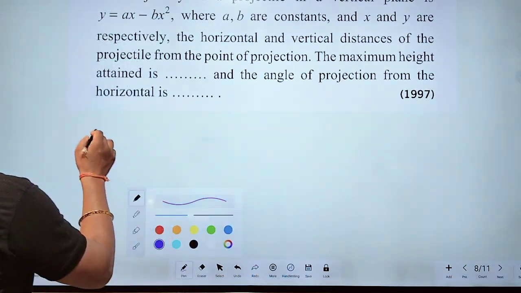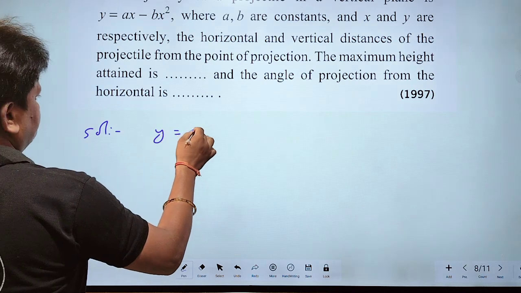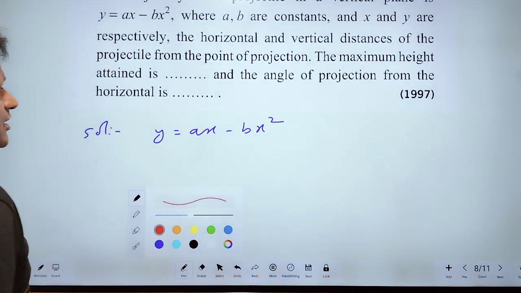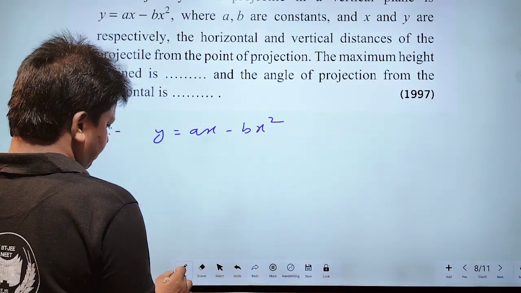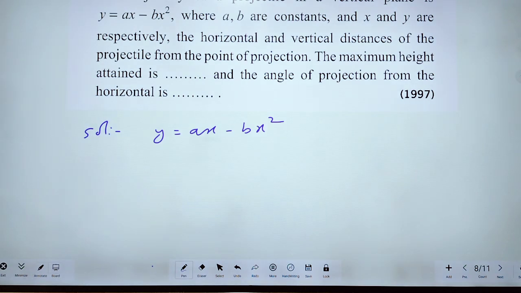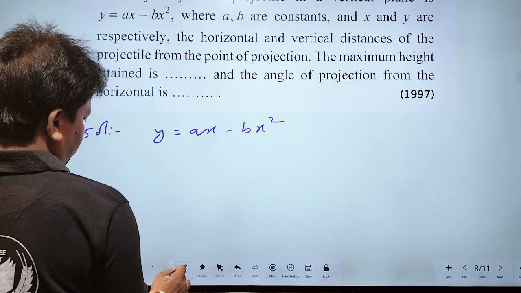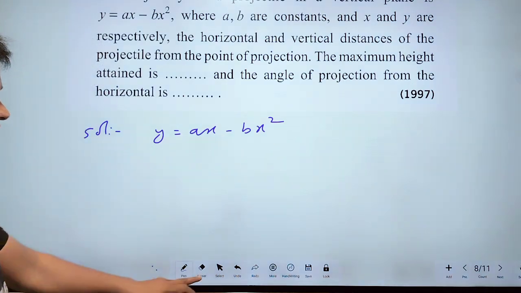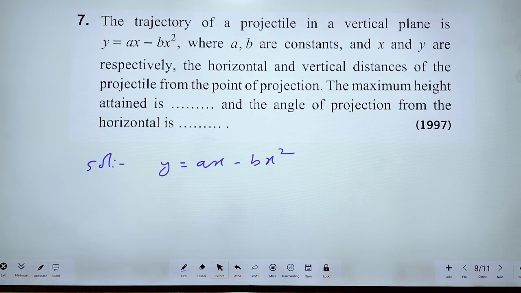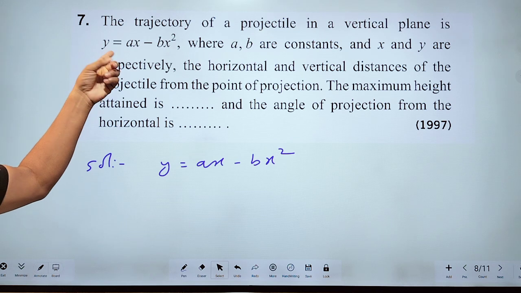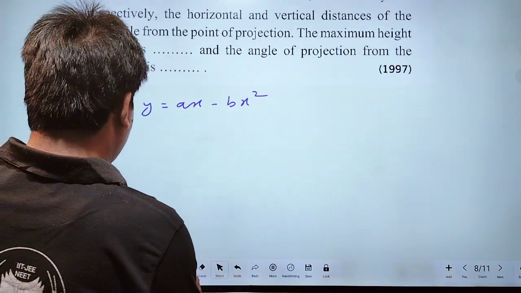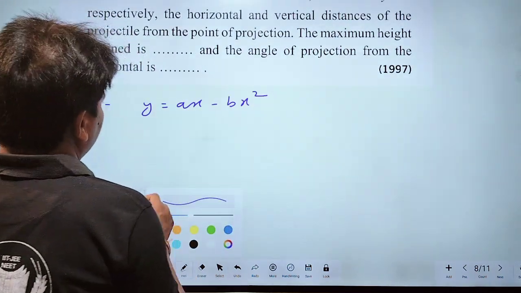Here the equation is given like this. For calculation of maximum height, y should be maximum. y will be maximum if the slope is equal to 0.